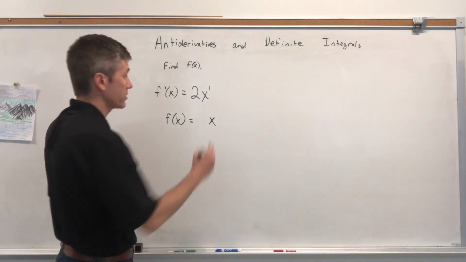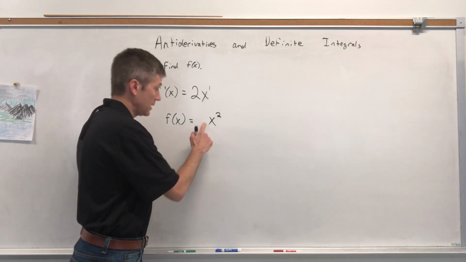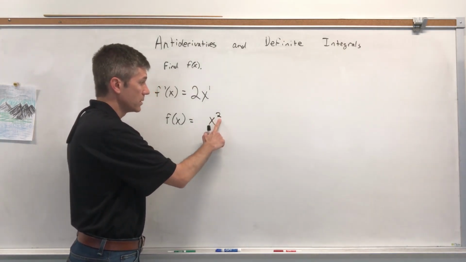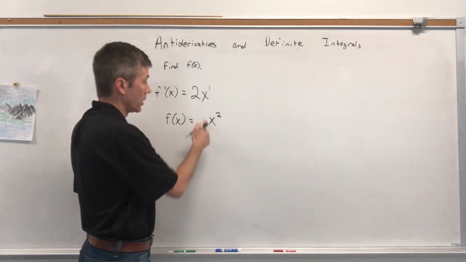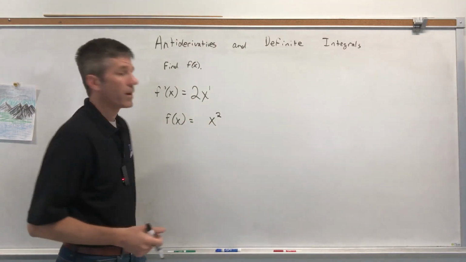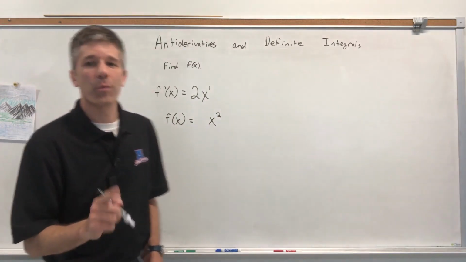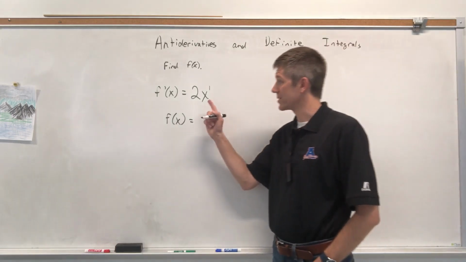I need it to be 1 higher, so we'll go for the obvious. And then we also need this times 2 to give me 2. So the derivative of this had better be this, and it is. So like 1 times 2 gives me 2. Mission accomplished.